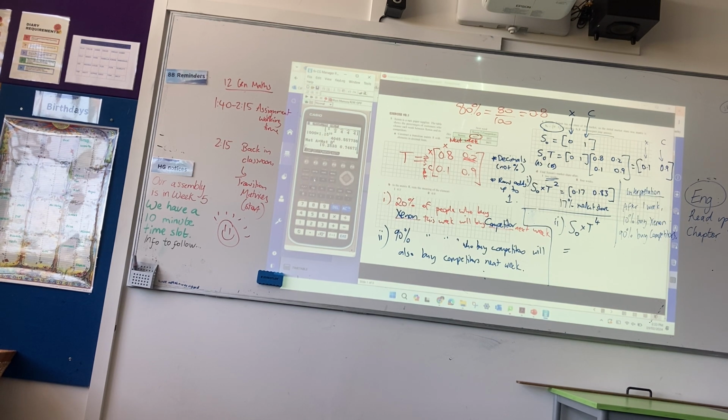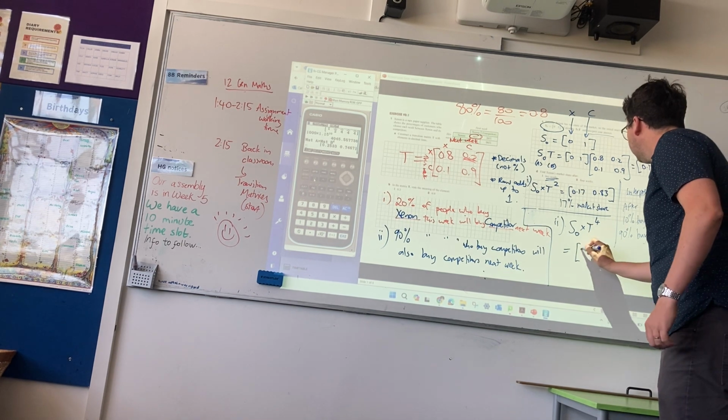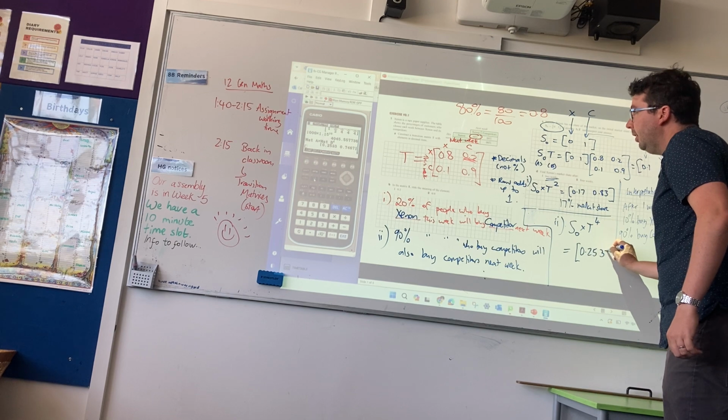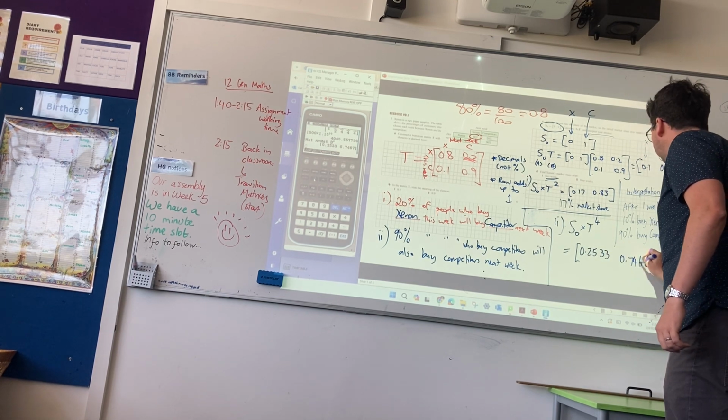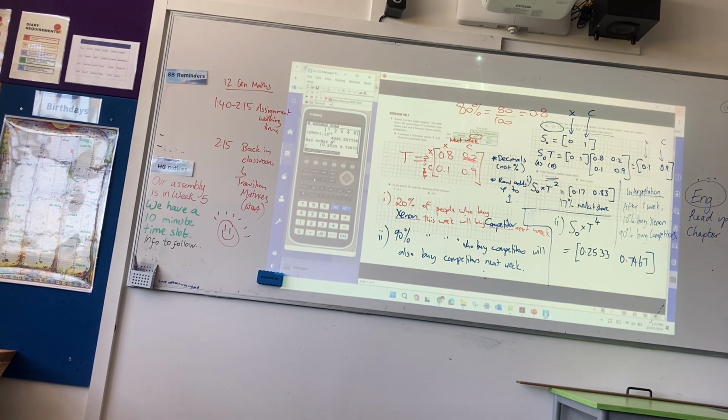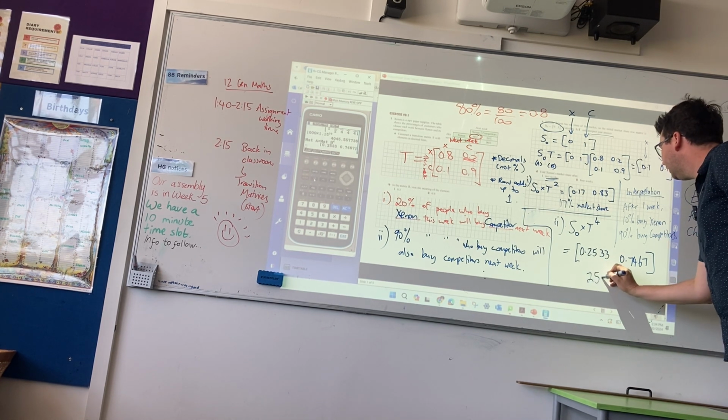Ooh, what do you notice? What's happening to Xenon's market share? It's decreasing. Is it decreasing? Xenon's the first one, isn't it? Yeah, it's increasing. How do I change 0.2533 to a percentage? 25.33%.